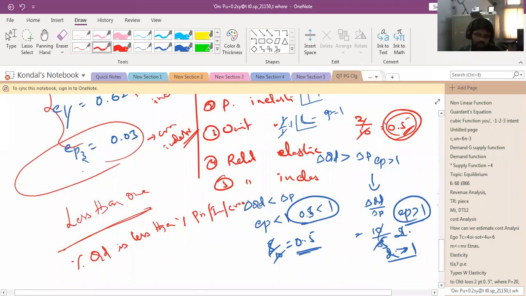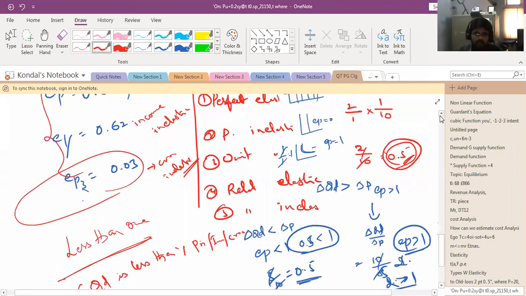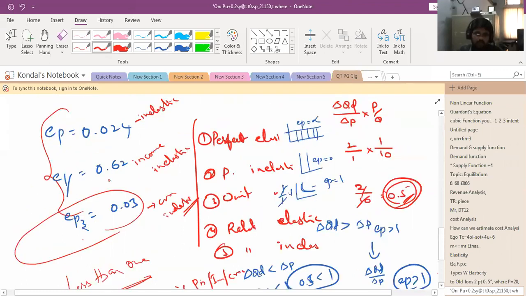Have you understood? Sir, can you explain once again? Here we have calculated the values mathematically: 0.024, 0.62, 0.03. What does it mean? When the value is higher than 1, that is elastic demand.